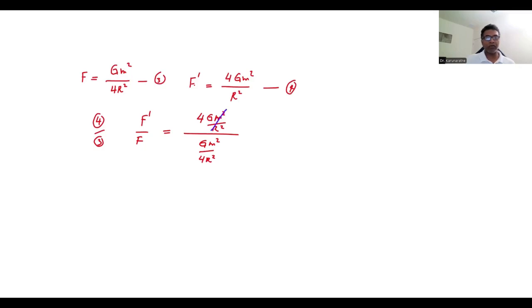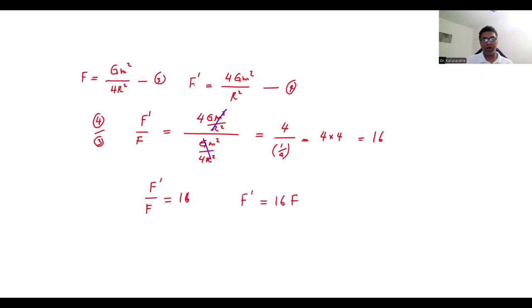And then you have a 4 in the denominator, like it's 1/4. If you look at the math, it's 4 divided by 1/4, and that 4 goes to the numerator, so it becomes 4 times 4, basically 16. So F prime over F is equal to 16. That means F prime, the new force, is 16 times the original force.